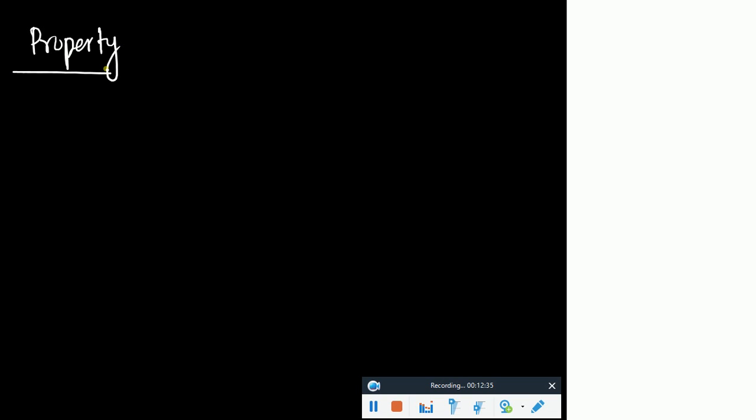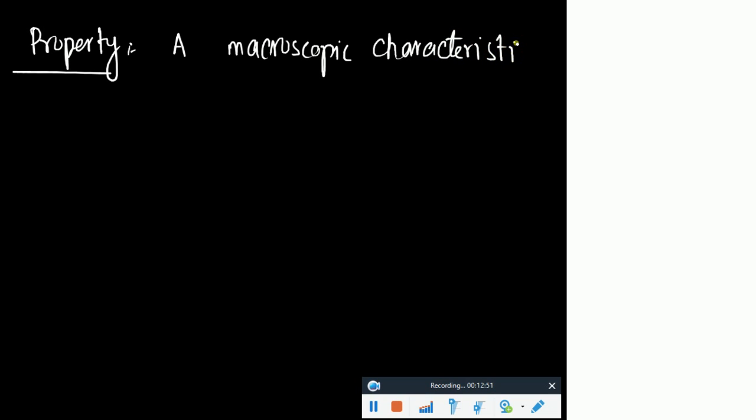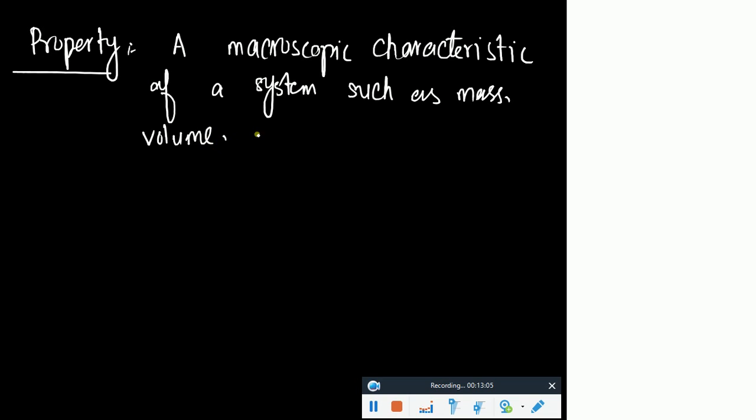Property. The definition of property is a macroscopic characteristic of a system such as mass, volume, energy, pressure, and temperature.